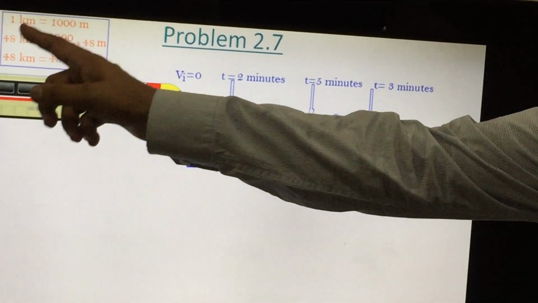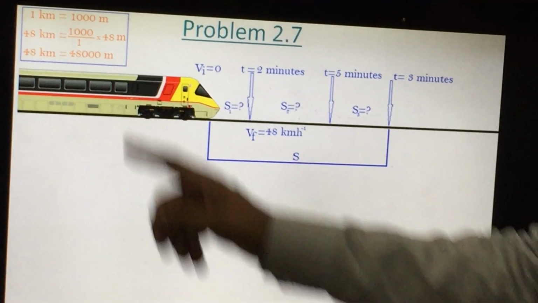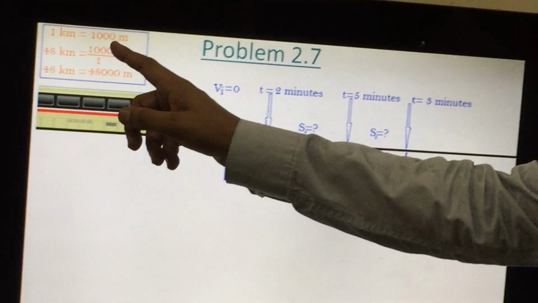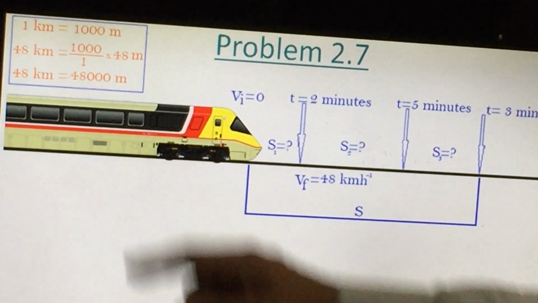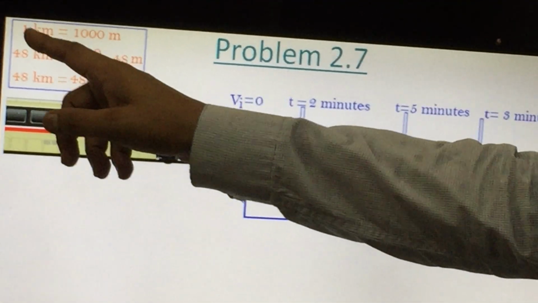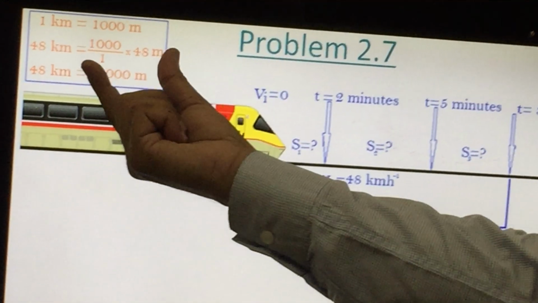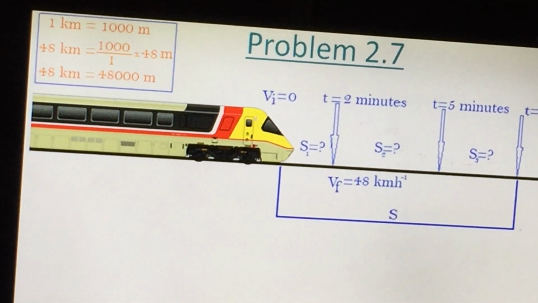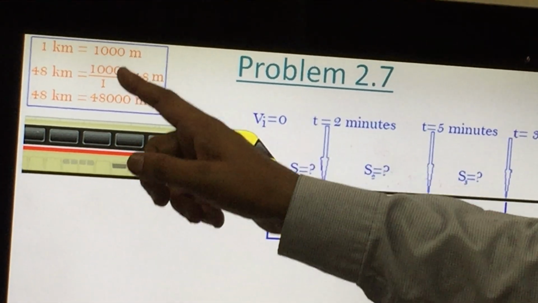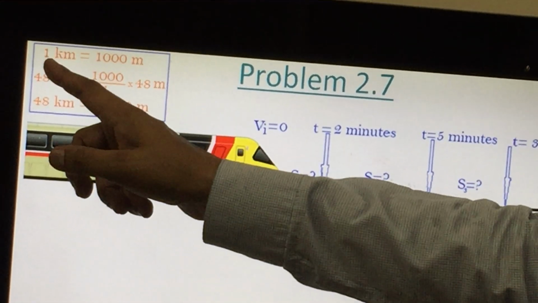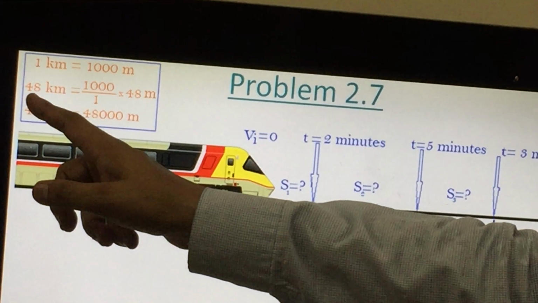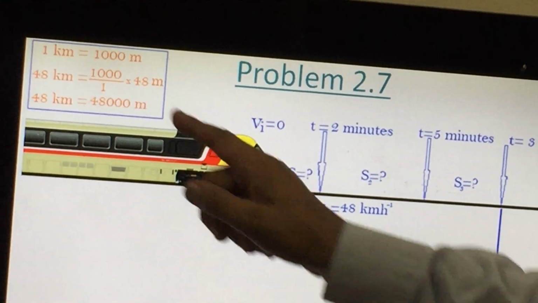Here, as we know, 1 kilometer is equal to 1000 meters. So if 1 kilometer is equal to 1000 meters, 48 kilometers is how many meters? We write 1000 meters divided by 1 and multiply by 48.